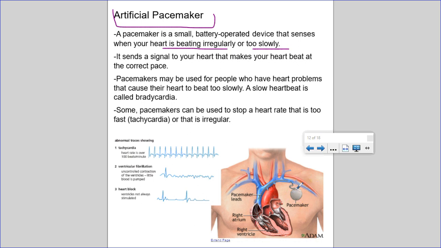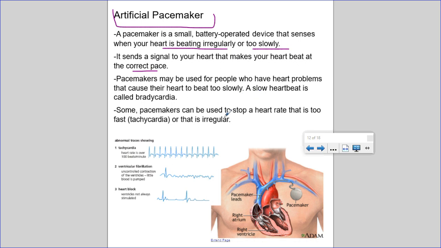There are electrical leads from that battery which go into the heart itself, and these electrical leads touch various parts of the heart to stimulate your heart to beat. So it sends a signal to your heart that makes your heart beat at the correct pace, so it makes a pace.